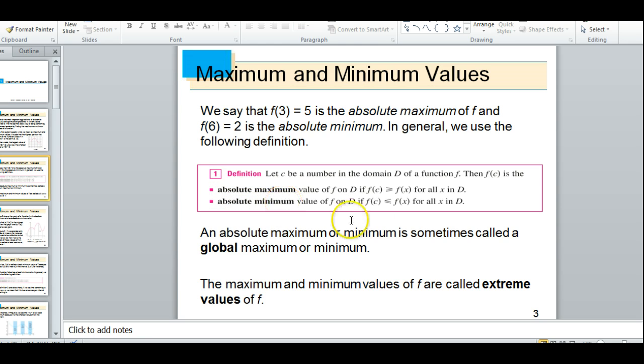If it's the lowest one in the entire domain, then it's called absolute minimum. Another word for absolute is global. And whether you talk about a minimum or a maximum, either one of them is called extreme values. And it kind of does make sense. Extreme is at either point, even when it's the lowest one or when it's the highest one.